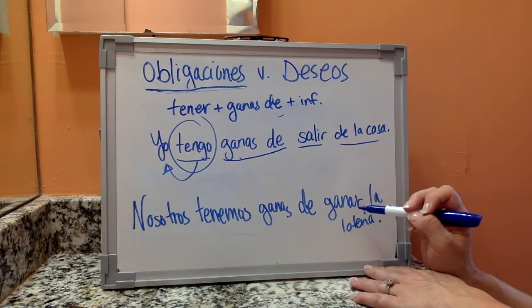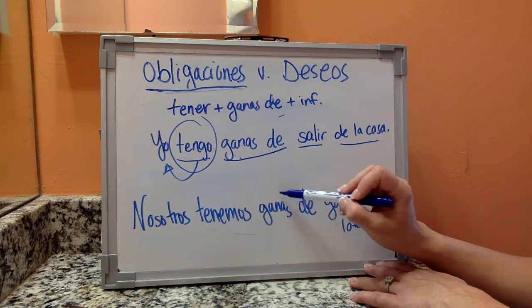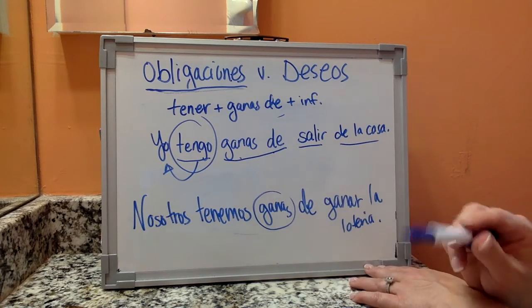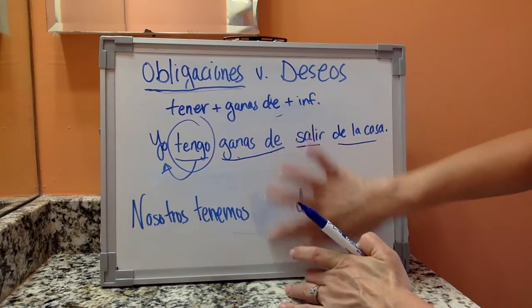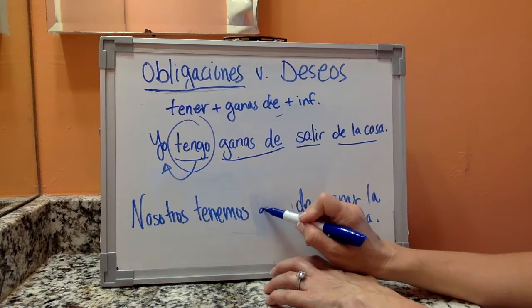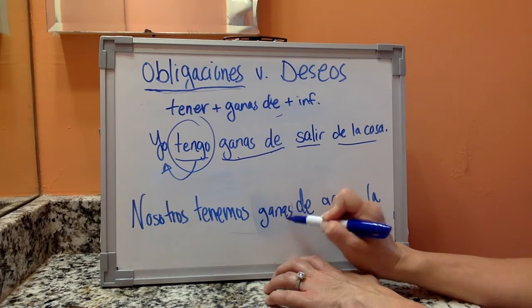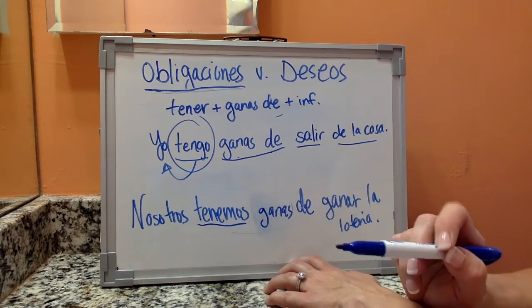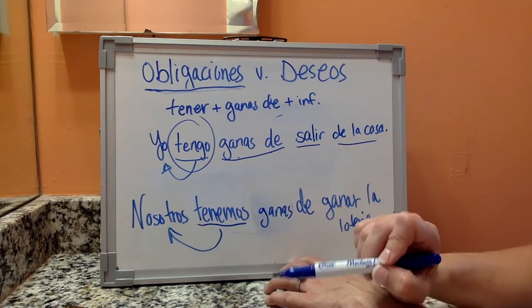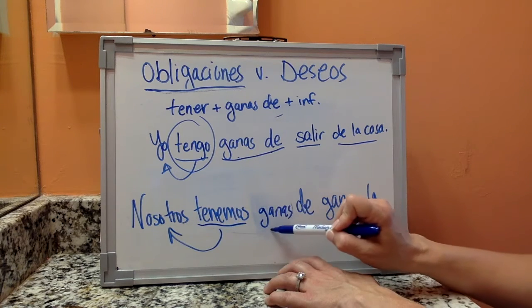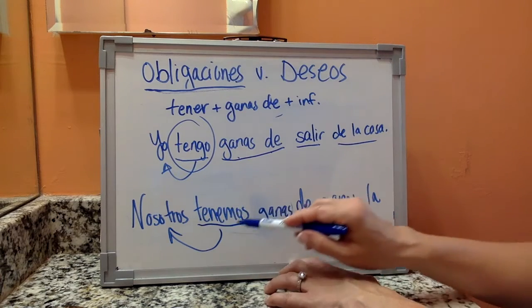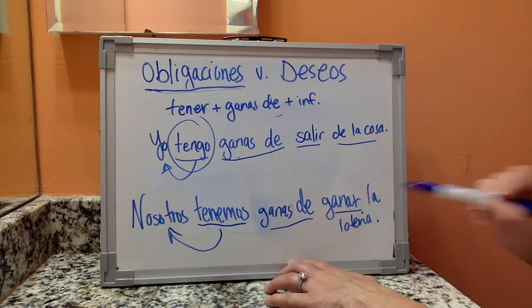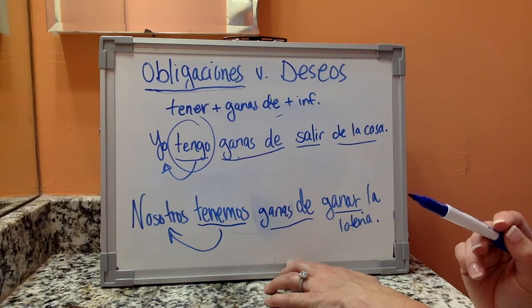So ganar is to win, which comes from the same root word, which is ganas, or desires, right? So the verb tener is conjugated for nosotros, okay? And then this part right here does not change. It's just part of your formula. Nosotros tenemos ganas de ganar la lotería, okay?